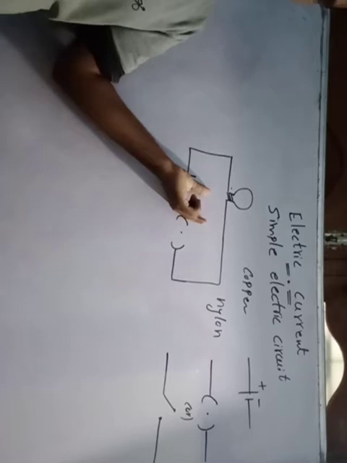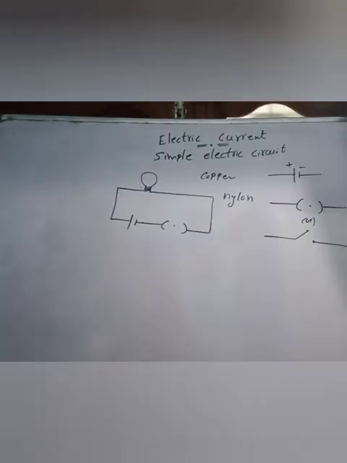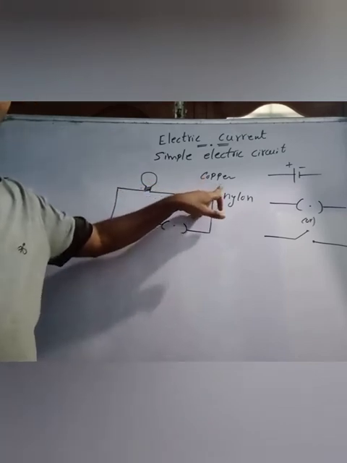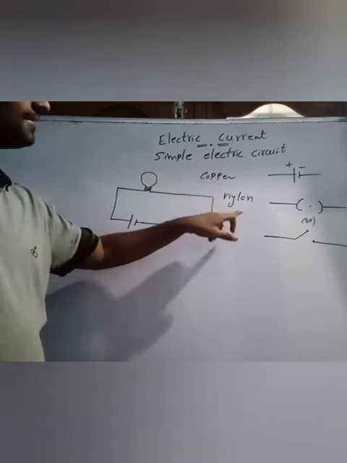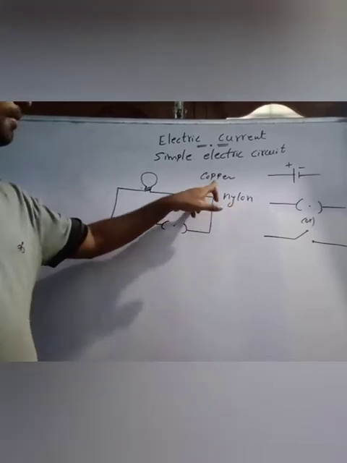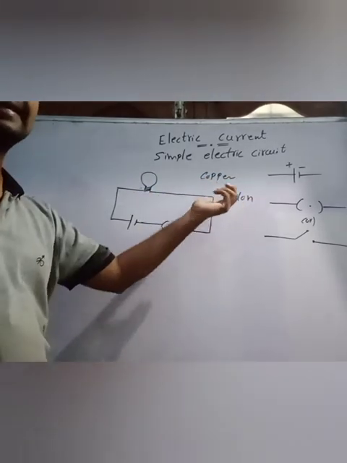What do you observe? The bulb doesn't glow. In copper wires the current passes through, but the current doesn't pass through nylon wires, because copper wires are conductors, but nylon wires are insulators.